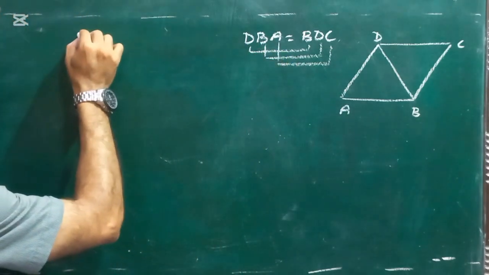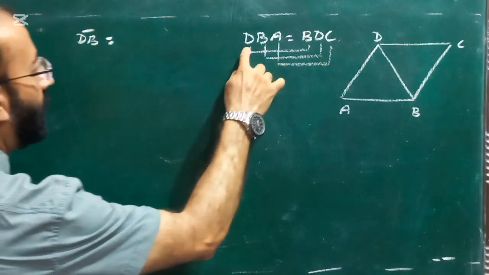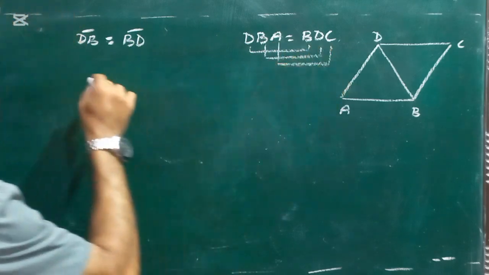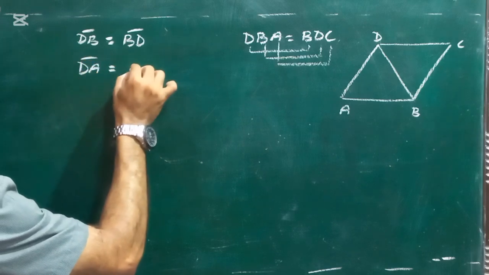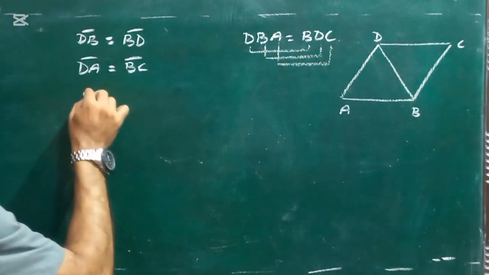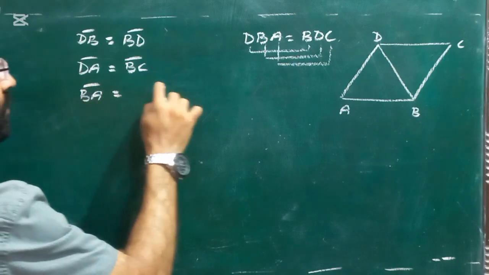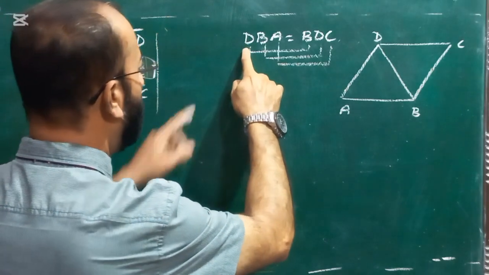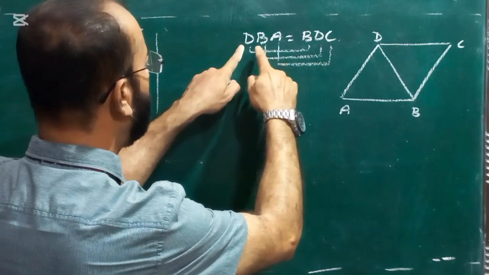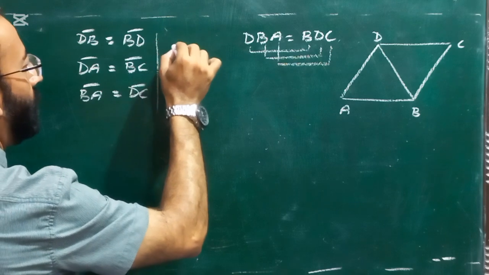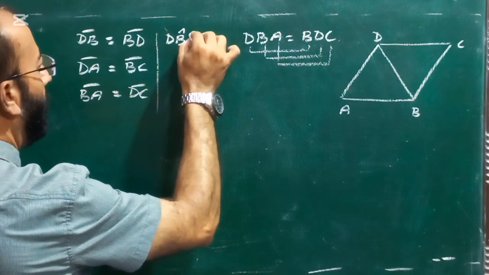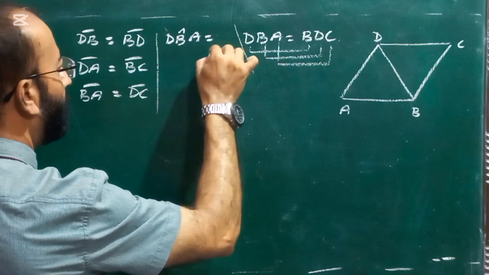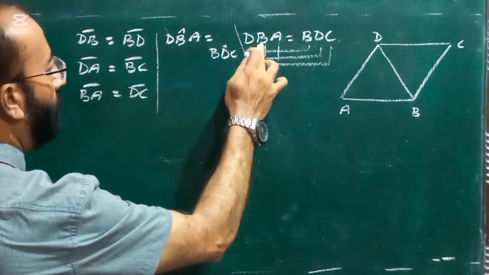So look now, DB will be equal to BD, then DA will be equal to BC, then BA will be equal to DC, and look now, for example, we are going to make the angle DBA. So DBA will be equal to BDC, now BDA.